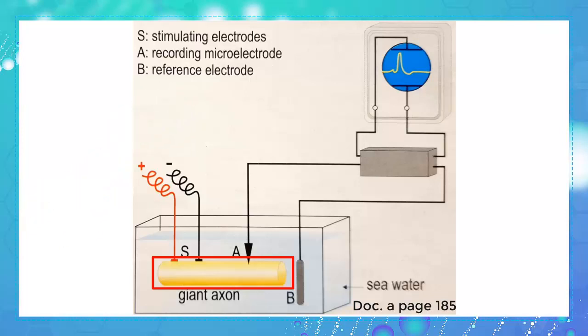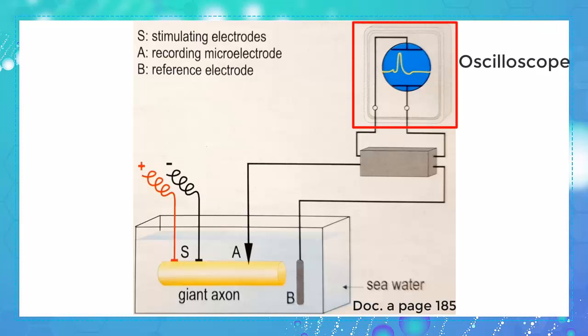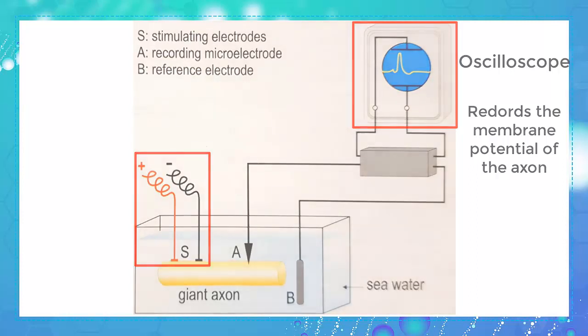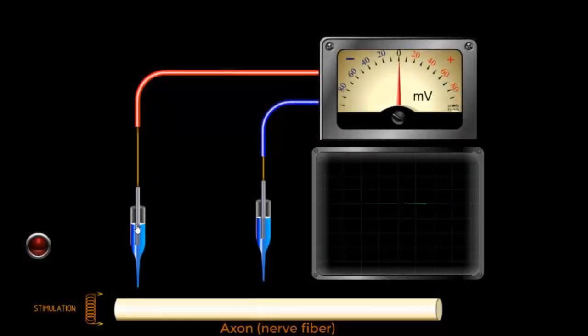Anyway, this axon is placed in a saline solution and connected to an oscilloscope that will record the membrane potential of this axon both at rest and after being electrically stimulated by the stimulating electrodes. We will use this simulation to observe the results of this experiment.